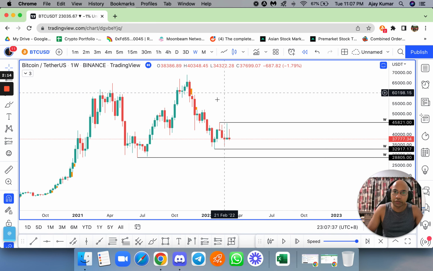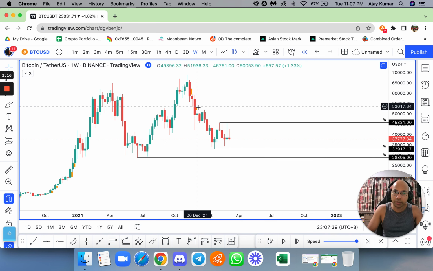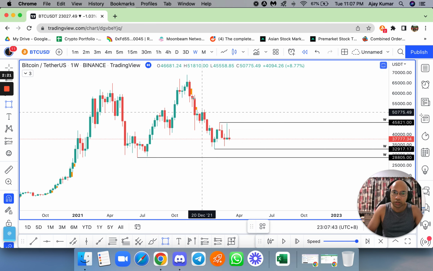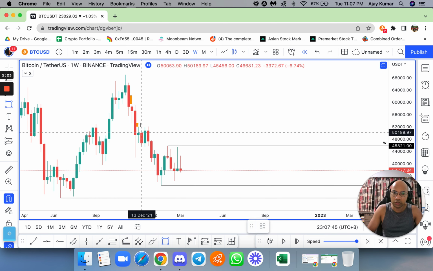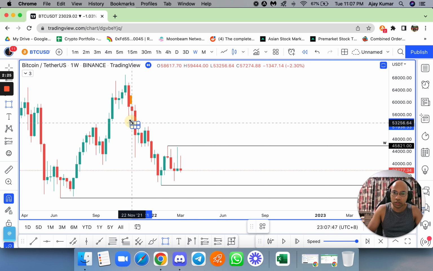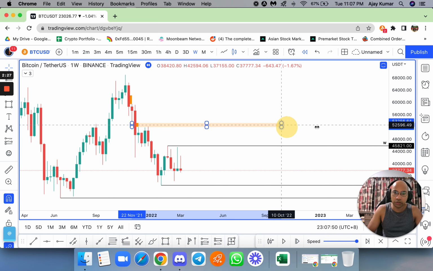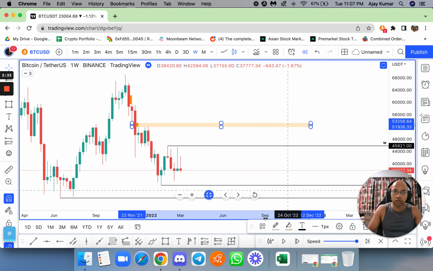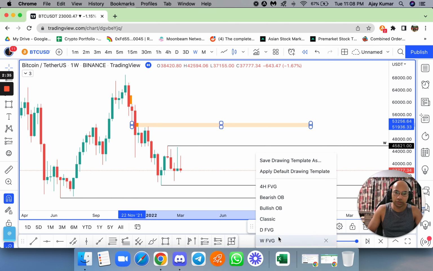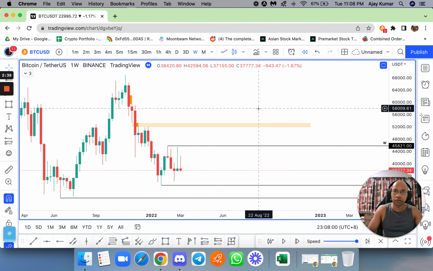Then let's see fair value gaps. There's a fair value gap here, and there's a fair value gap here. Let's mark this fair value gap first. Okay, weekly fair value gap.